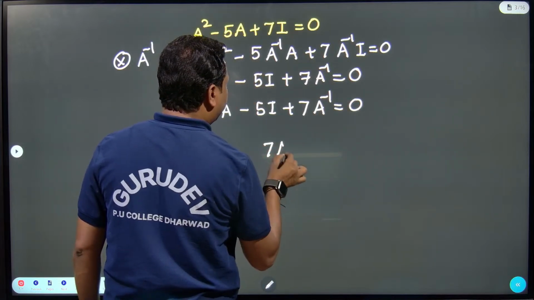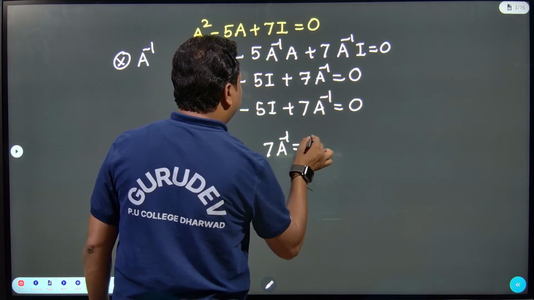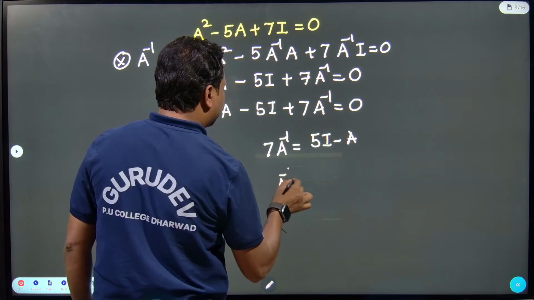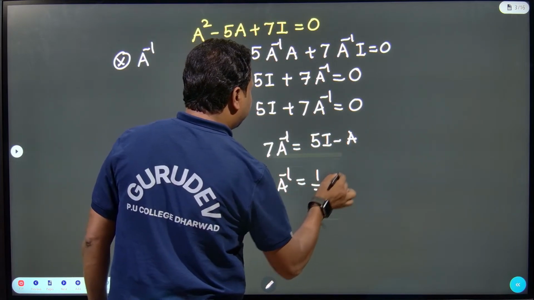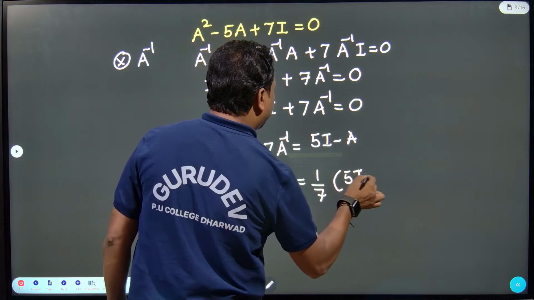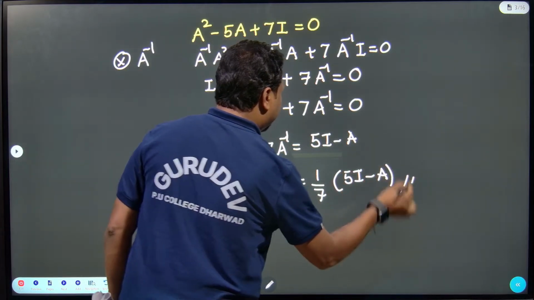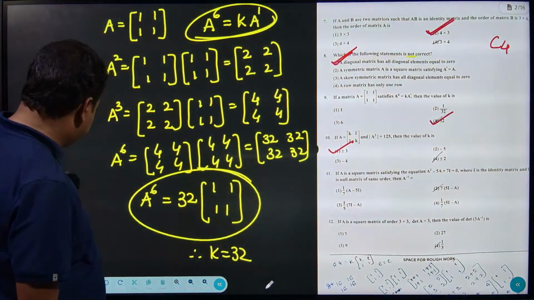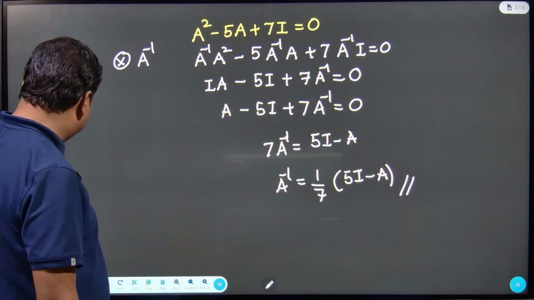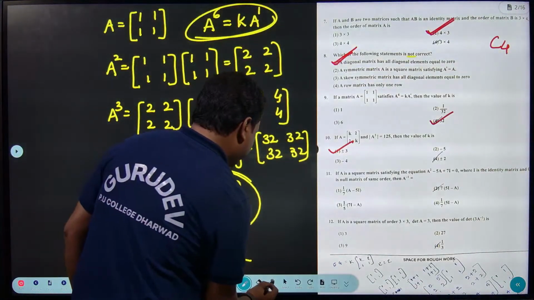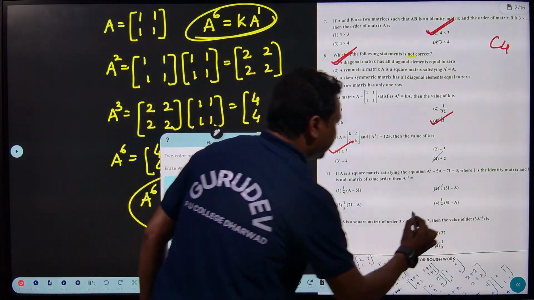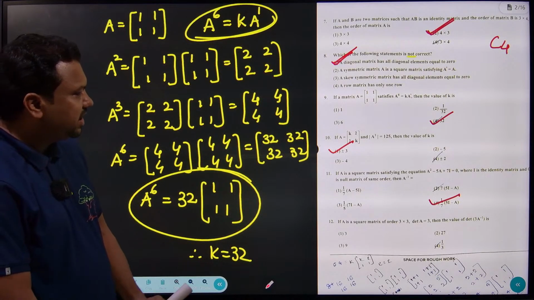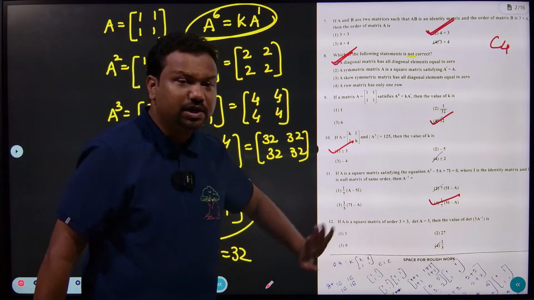Therefore 7 into A inverse is equal to 5I minus A. Then A inverse is equal to 1 divided by 7 into 5I minus A. So 5I minus A divided by 7, correct? Therefore what is my answer? In this case my answer is option D, 1 by 7 into 5I minus A is the right answer. I hope you are able to understand this.